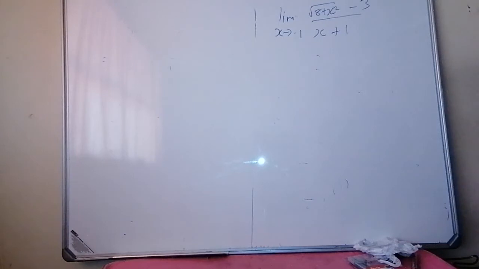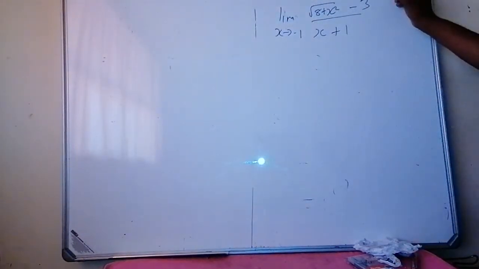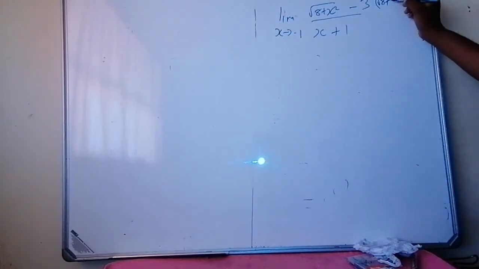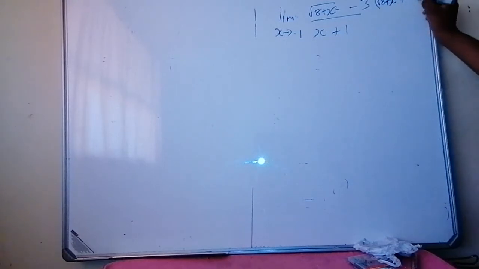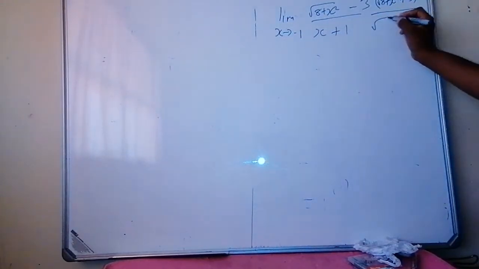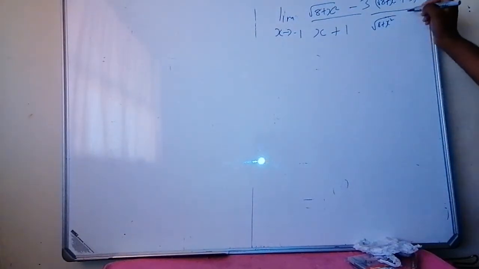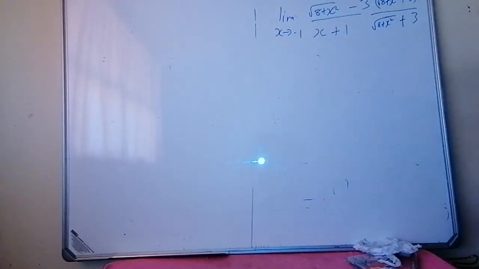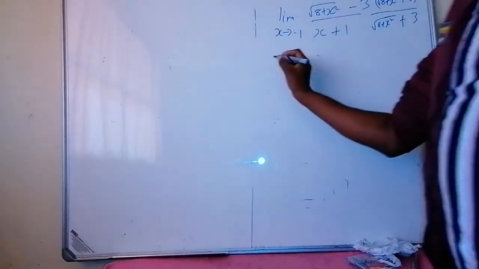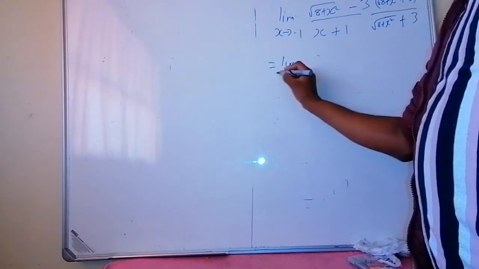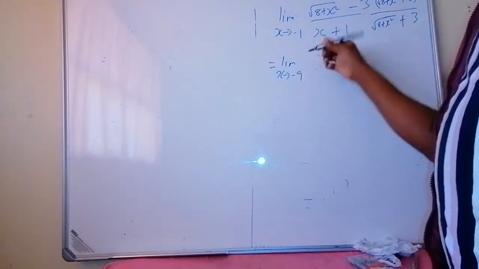The square root tells me that I need to rationalize: square root of 8 plus x squared minus 3, multiplied by square root of 8 plus x squared plus 3. Let's do that. So this is limit as x approaches negative 1.